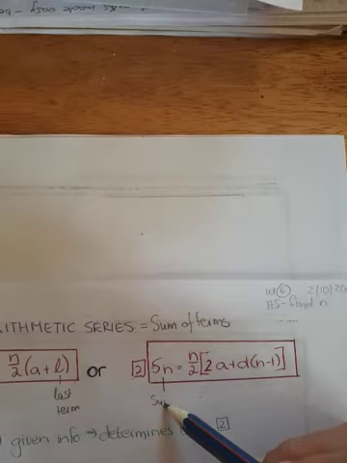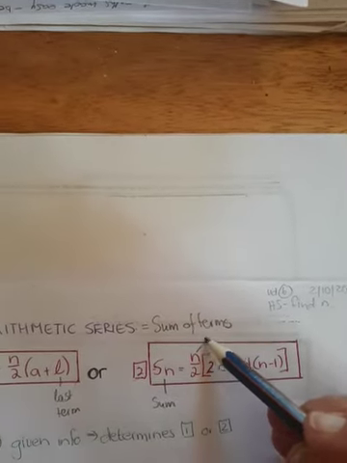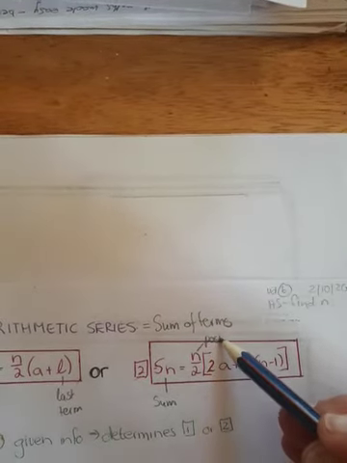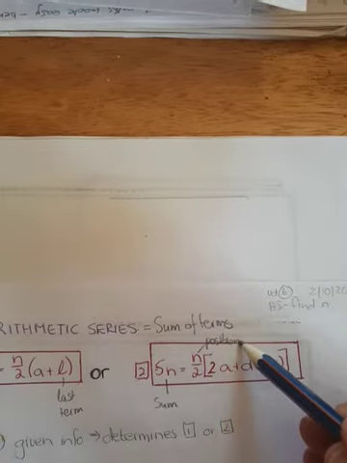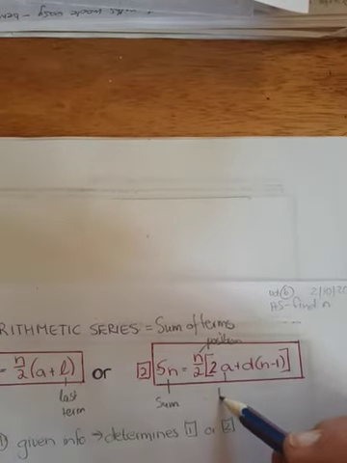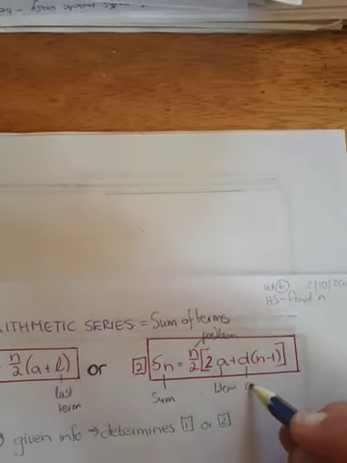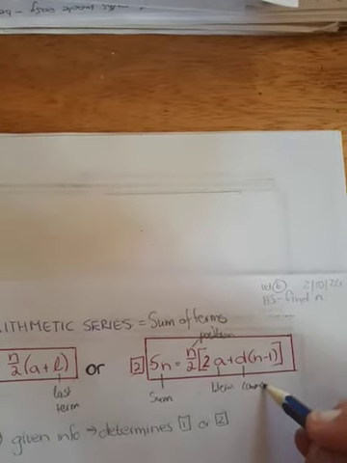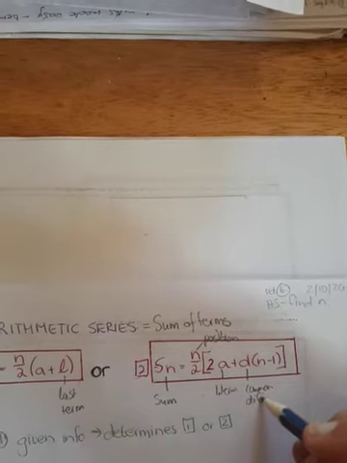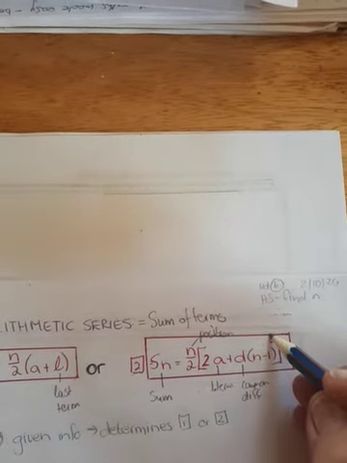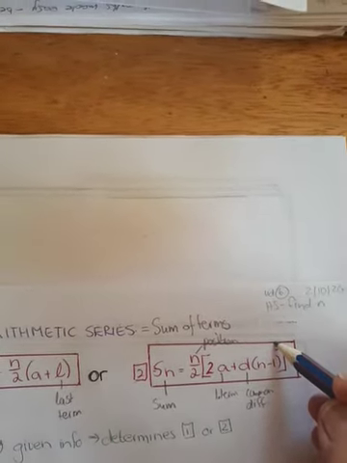It is the sum. n, remember, stands for the position. a stands for the first term. d stands for the common difference. And n, once again, stands for the position.